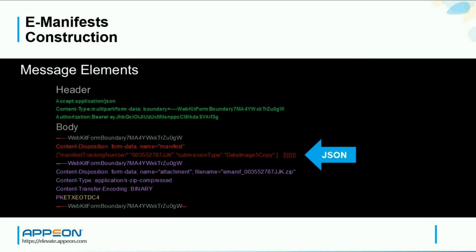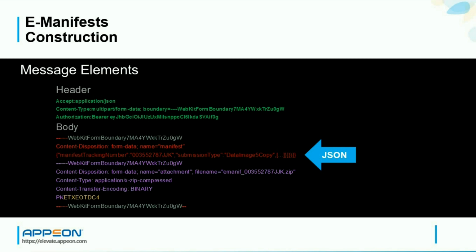So the JSON there is pointed out right in the middle, but look at all the stuff that's surrounding it. Now we knew about the accept application JSON, and we knew that we had to put the authorization in the header. But here's this new thing on the green line 2.